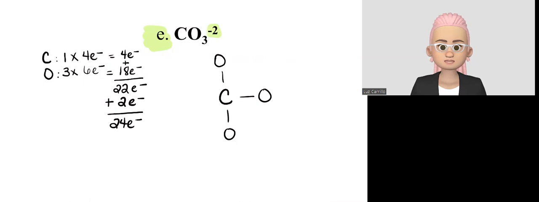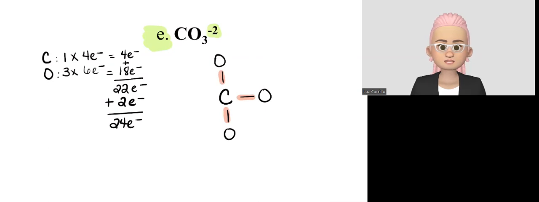So take a moment and find out how many electrons are already attached in the skeletal structure for carbonate. So if you predicted that there are 2, 4, 6 electrons that were already utilized in the skeletal structure, you are correct.